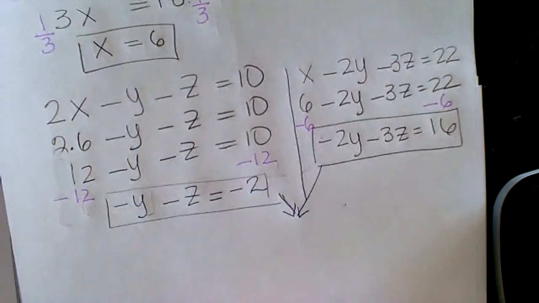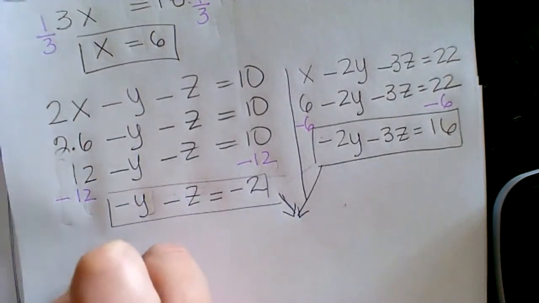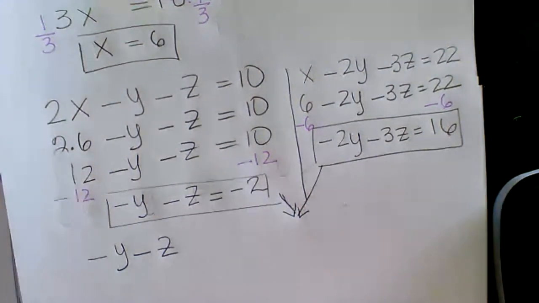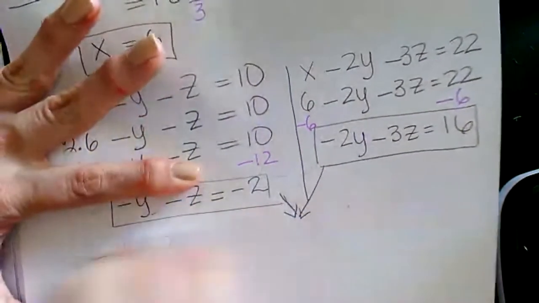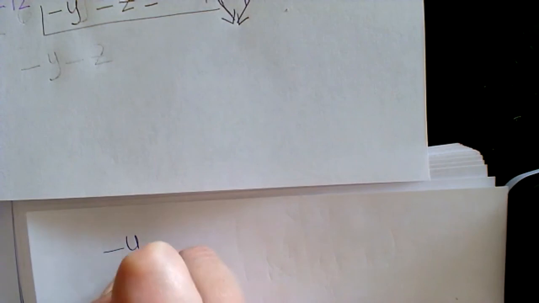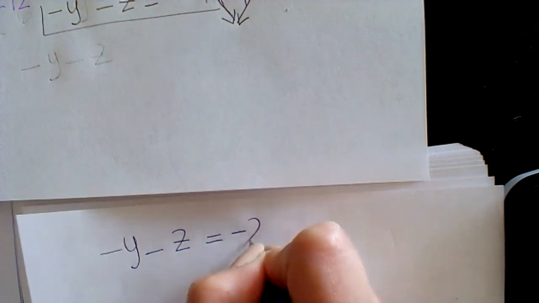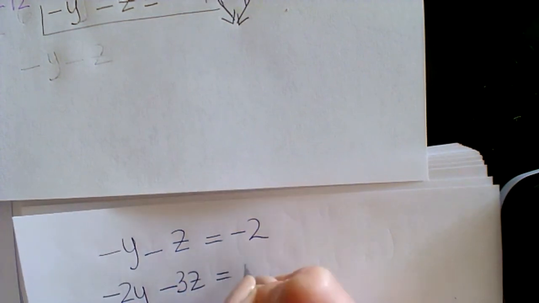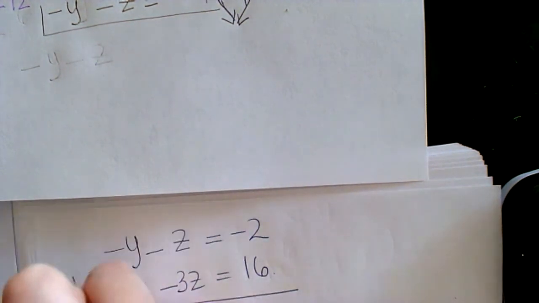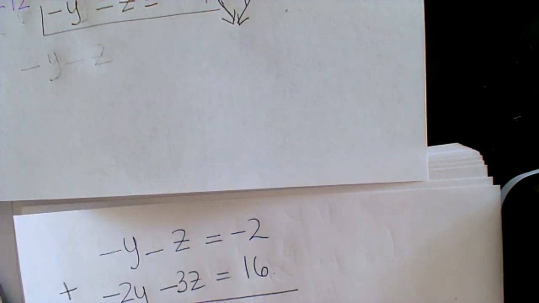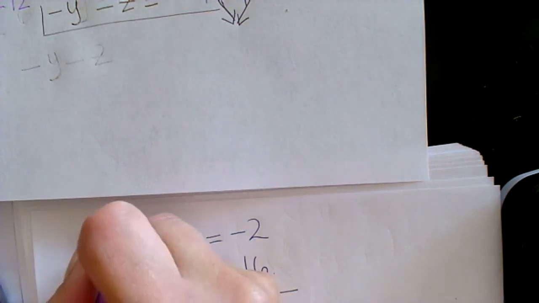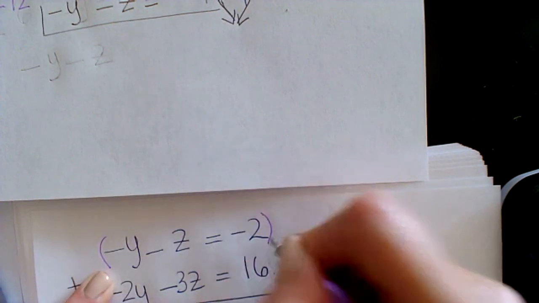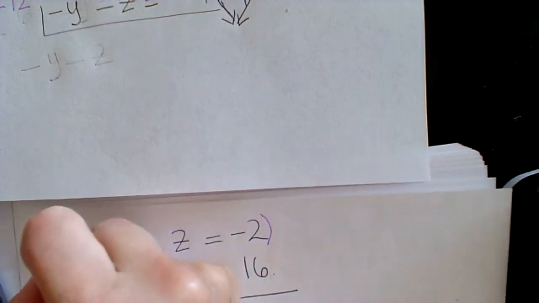So we have negative y minus z. Let me do it on another piece of paper. Negative y minus z equals negative 2. And negative 2y minus 3z equals 16. So what we need to do is multiply this one by negative 2.